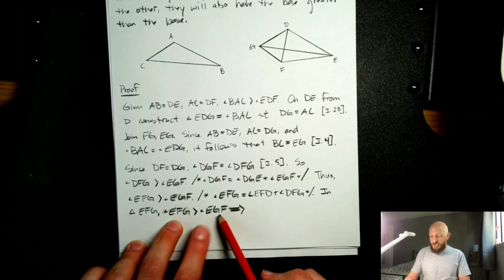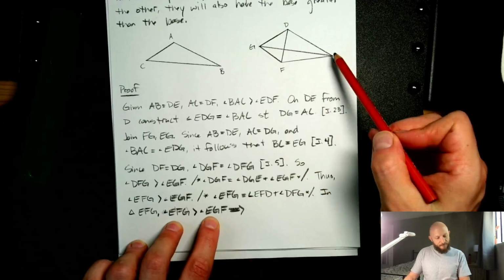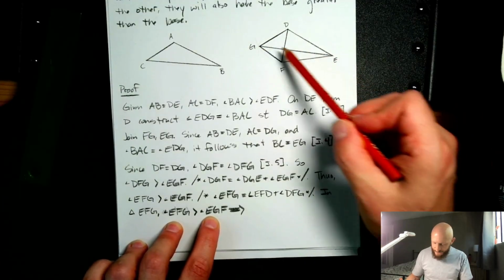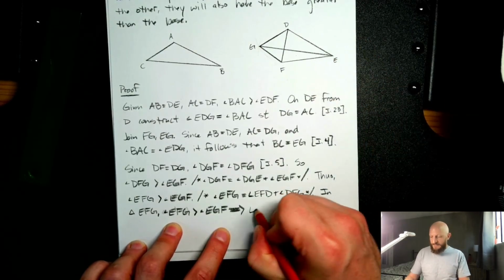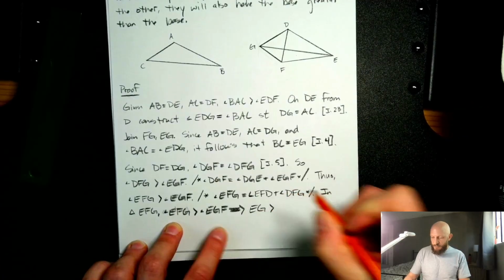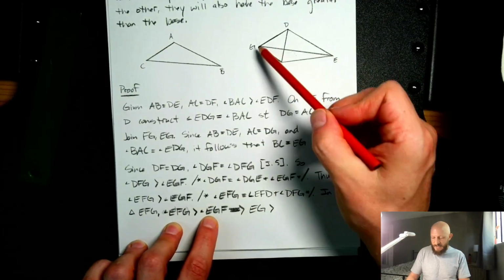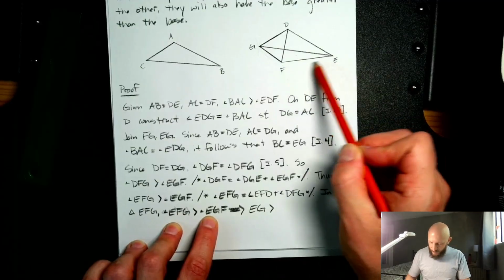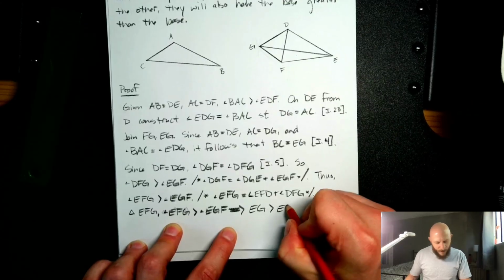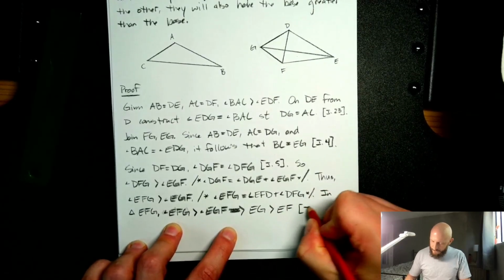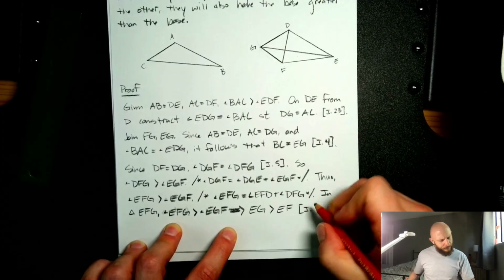So EFG is opposite GE, or he says EG. So EG is greater than the side that is opposite EGF, which might seem a little weird, but that's EF. So EG is greater than EF. And that comes from prop 19.